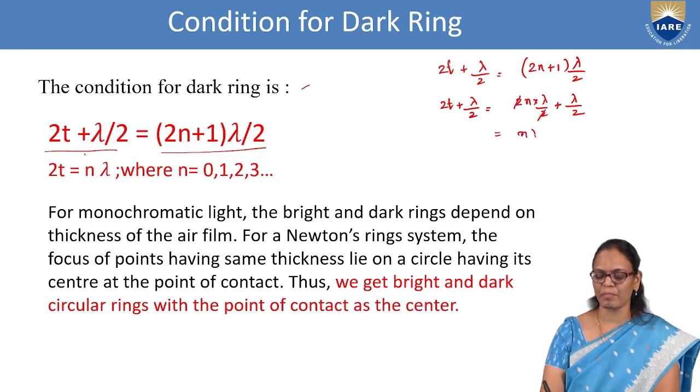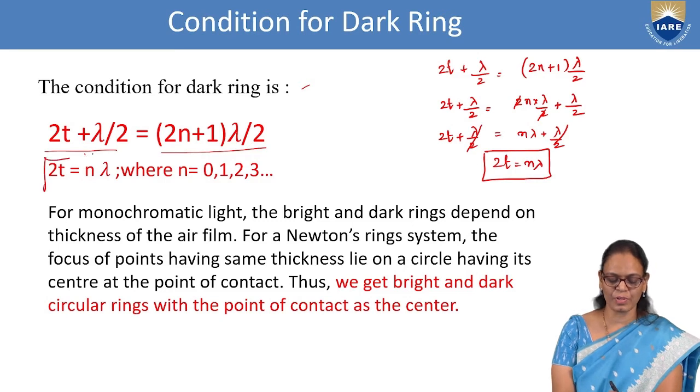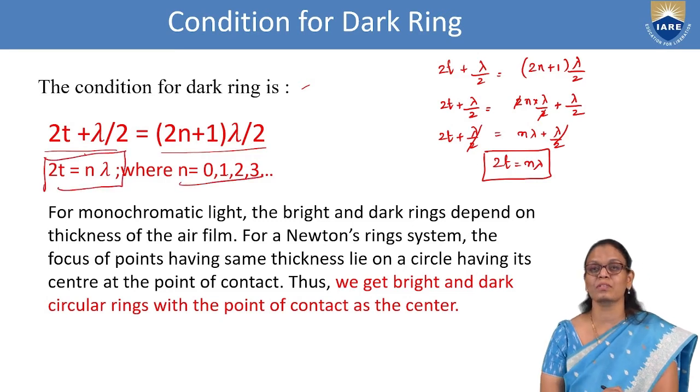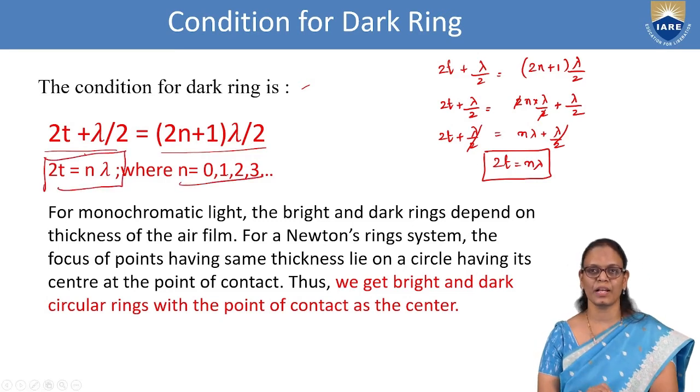So, this is n lambda plus lambda by 2. So, lambda by 2 and lambda by 2 will get cancelled and 2t is equal to n lambda. So this is the condition. 2t is equal to n lambda, where n takes on the value 0, 1, 2, 3 and so on.